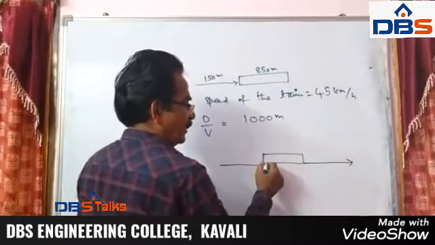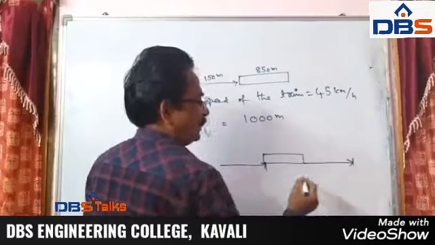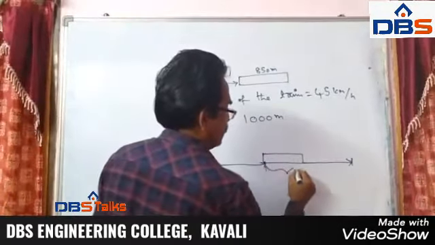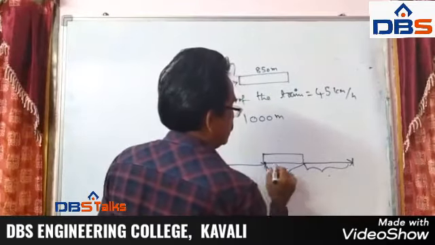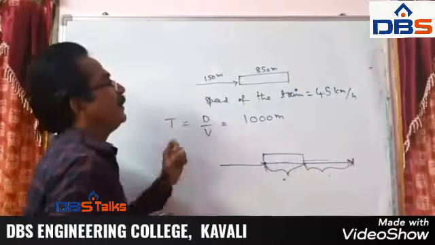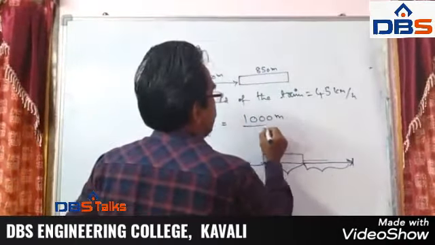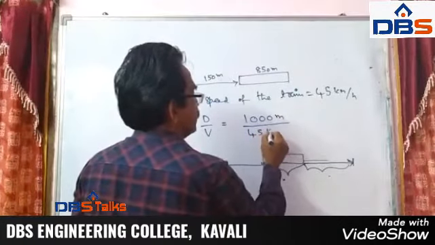This is the engine of the train, and now the position of the engine is this. So, how much distance is covered? This plus this. So, total distance is 1000 meters by total time, 45 kmph.